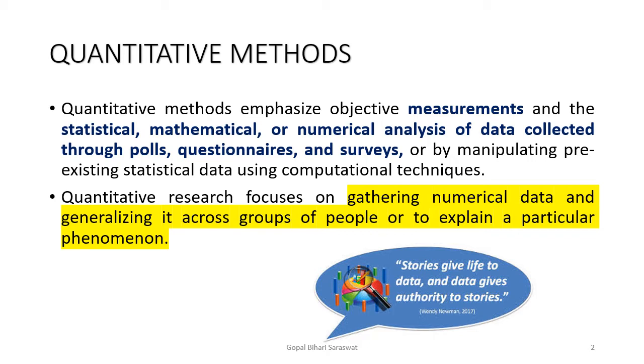In quantitative methods, the purpose is to use different statistical techniques and compute an analysis which helps you in decision making. Quantitative research focuses on gathering numerical data, generalizing it across groups of people, or explaining a particular phenomenon. So quantitative methods give you a perspective about statistical, mathematical and numerical analysis on the data collected through a questionnaire or a survey.